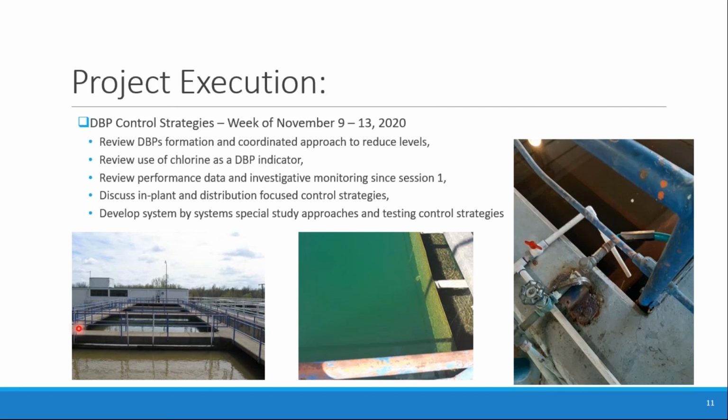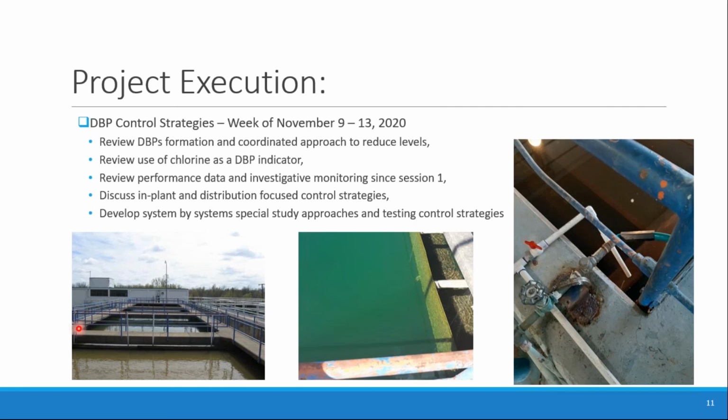Then what we want to focus on more at this time would be the in-plant or treatment plant and distribution focused control strategies. So we will look at various options for control strategies to improve compliance.